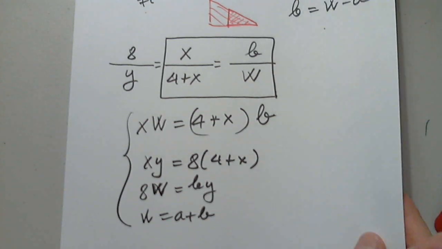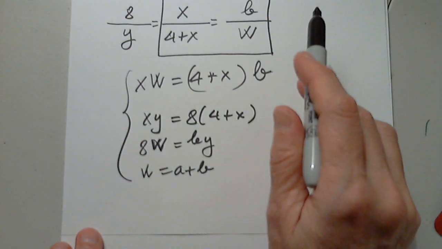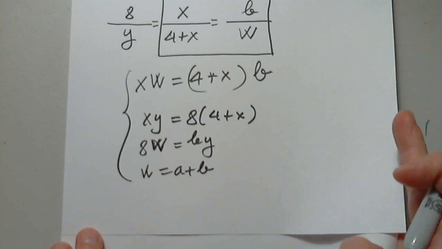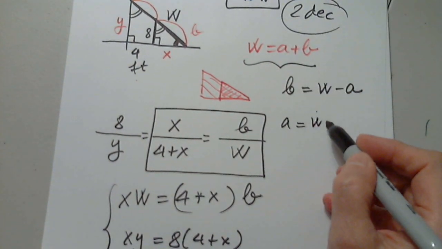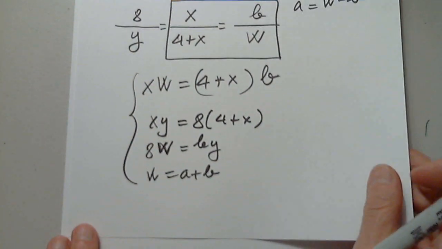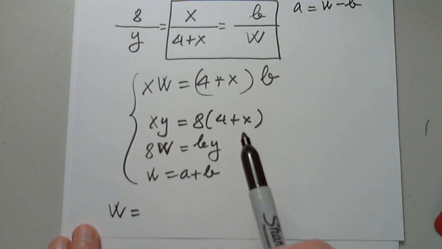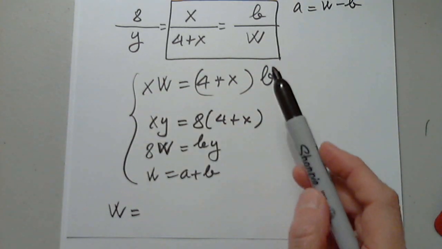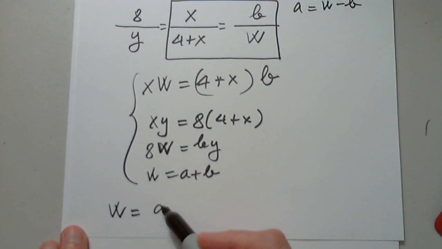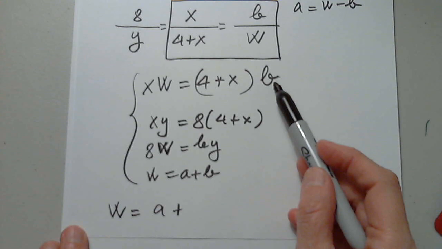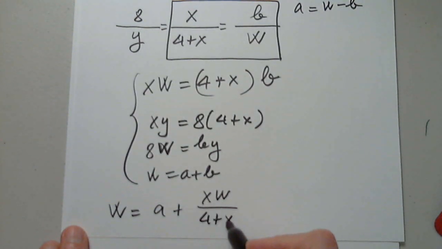I will replace a first. Also from here a equals w minus b. So w equals a plus b. B will be xw over 4 plus x.